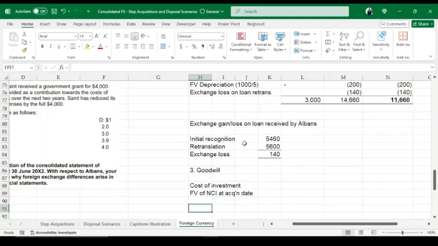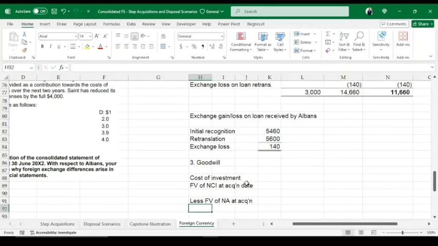Then after that, we'll less the fair value of net assets, NA, net asset at acquisition date. And then we'll have our goodwill at acquisition.